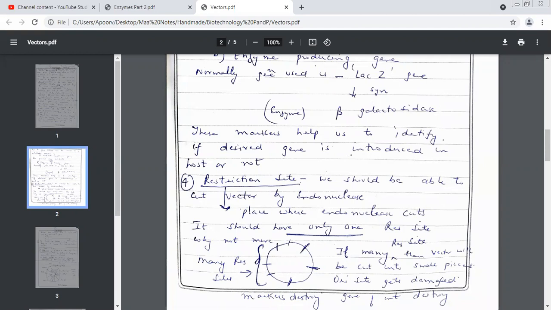Protein for replication. What do we call it in short? ROP. And what was ORI? Origin of replication. Yes, it was origin of replication. So we are done with the 2 points that we have.